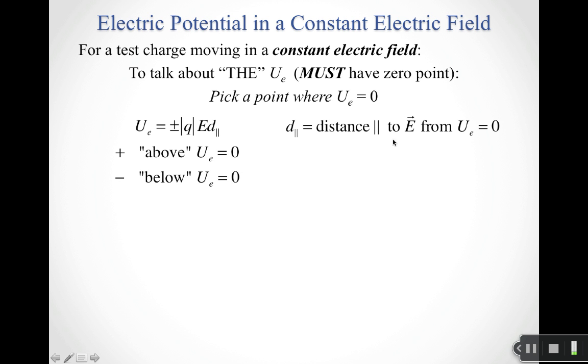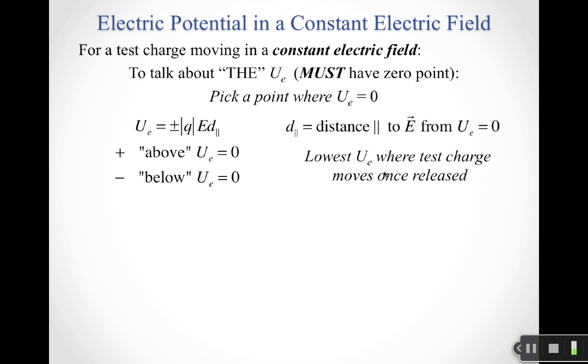And so then we can think of our equation as the potential energy now defined relative to this zero point, depending on whether you're above or below. And the above or below is really just an indication of, well, if you release the charge, it's going to go towards a spot of lower potential energy.